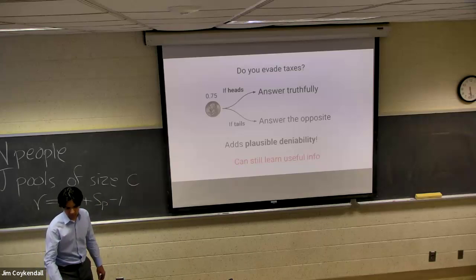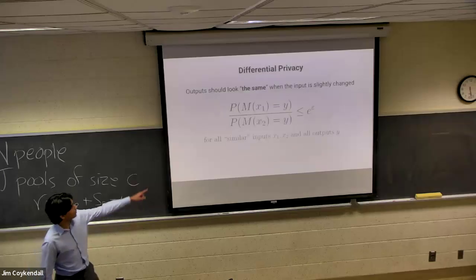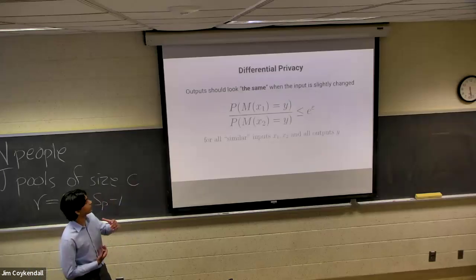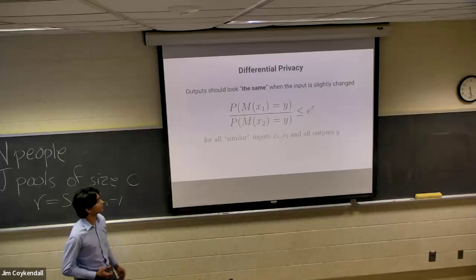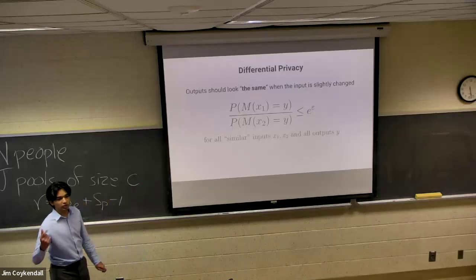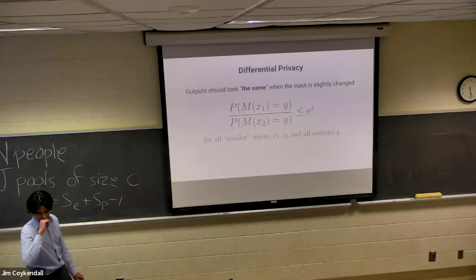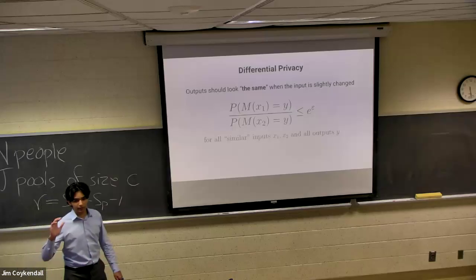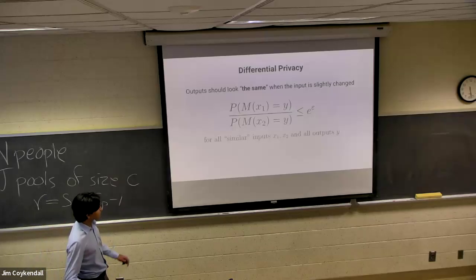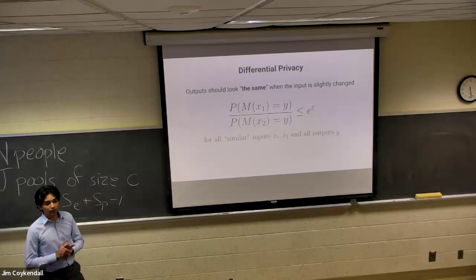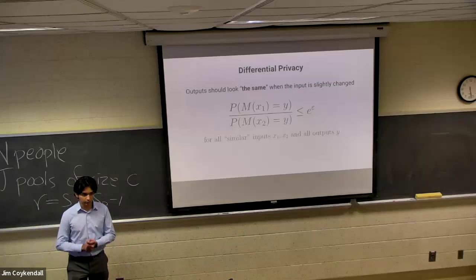What do I mean by this? I mean I can upper bound the ratio of this quantity by e to the epsilon. So there's this privacy level of epsilon. Lower epsilon means more privacy. And it's a bound on how much you can learn.